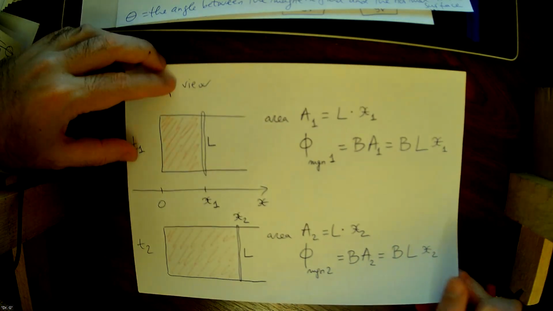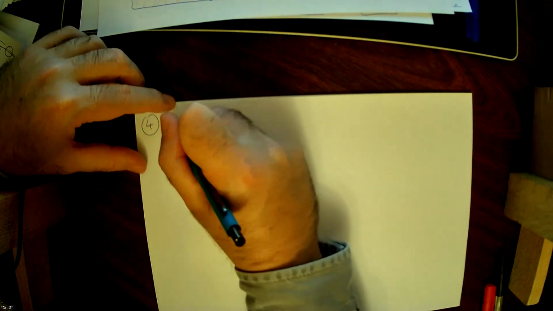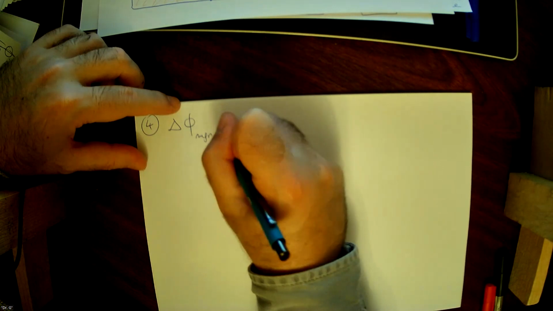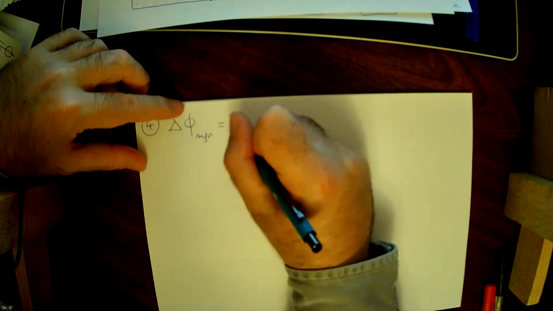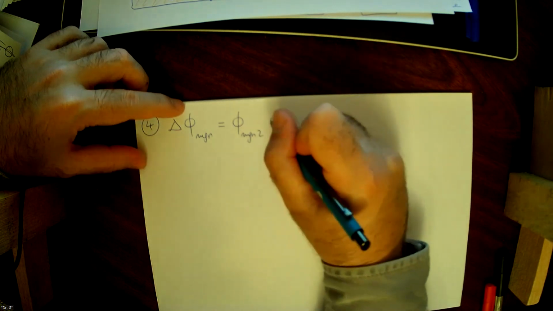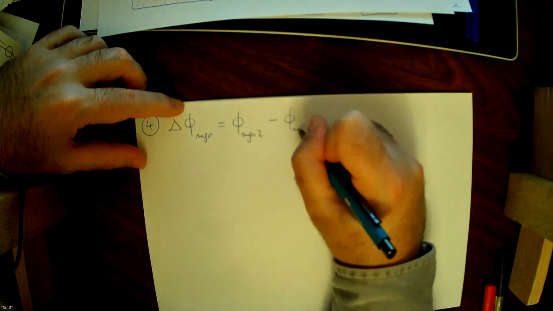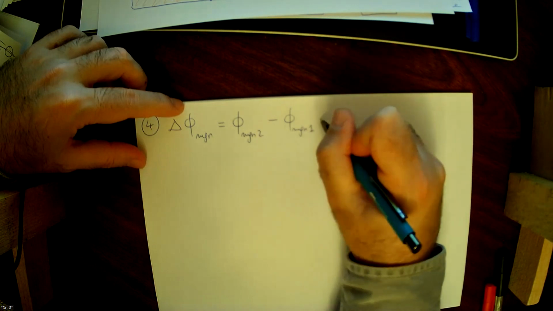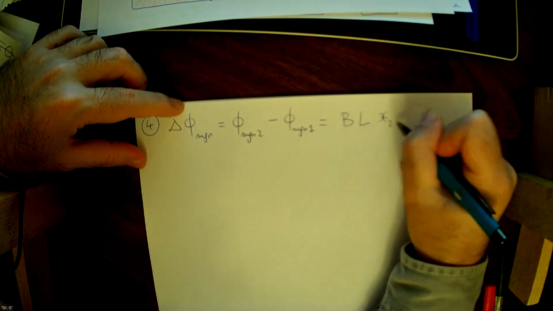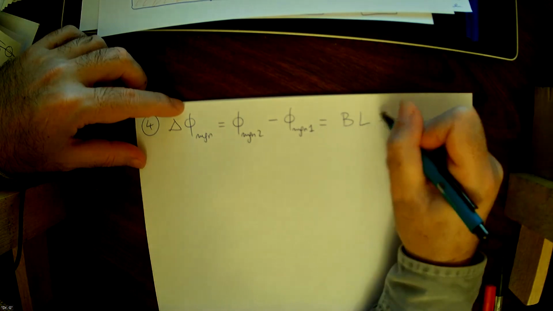Okay, and the change in magnetic flux is magnetic flux 2 minus magnetic flux 1, B L (x2 minus x1).